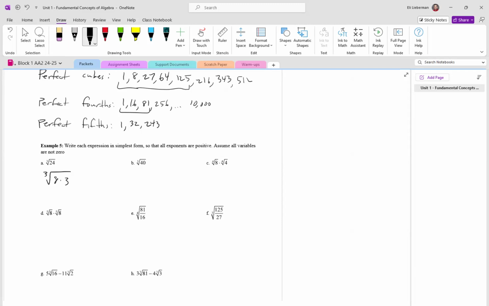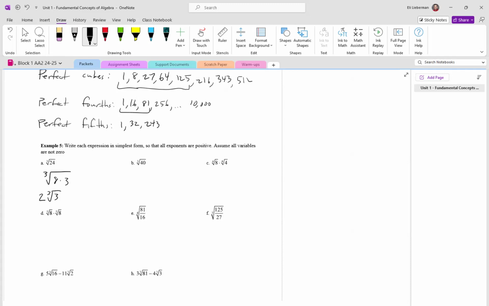So we're looking for perfect cubes in there. We know that 24 is 8 times 3. So the result here is 2 times the cube root of 3. Is that clear? Well, do you know what the cube root of 8 is? Cube root of 8 is 2, because this comes from 2 cubed.